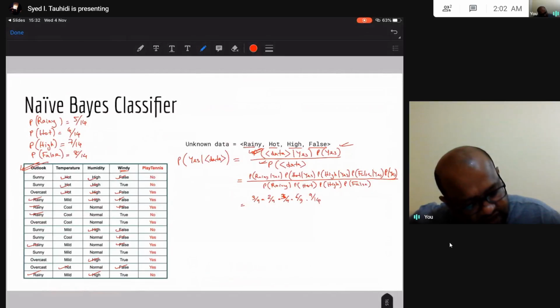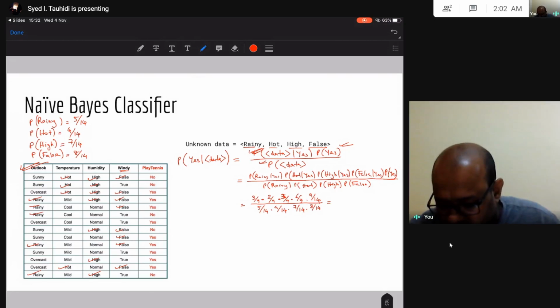This is my numerator. In the denominator I am going to have 5 by 14 times 4 by 14 times 7 by 14 times 8 by 14.